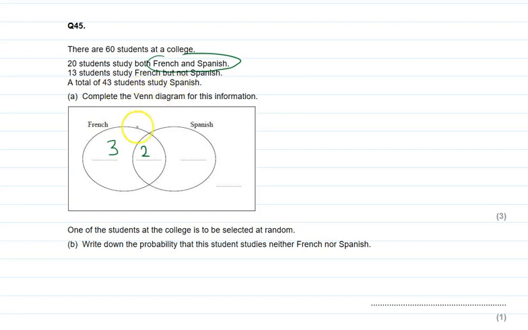So because they are 20, 43 take away 20, so 23 is coming here. 23 studying Spanish and 4 are outside, those who are not doing anything. Write down the probability that a student studies neither French nor Spanish. So there are 4 students, so 4 out of 60, that is 1 over 15, they are not studying anything.